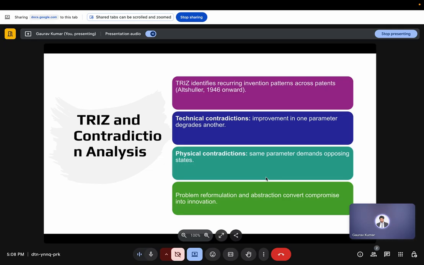The central observation was that inventive breakthroughs often result from resolving contradictions rather than merely optimizing within existing limits. So TRIZ provides designers with structured methods to overcome barriers to innovation.